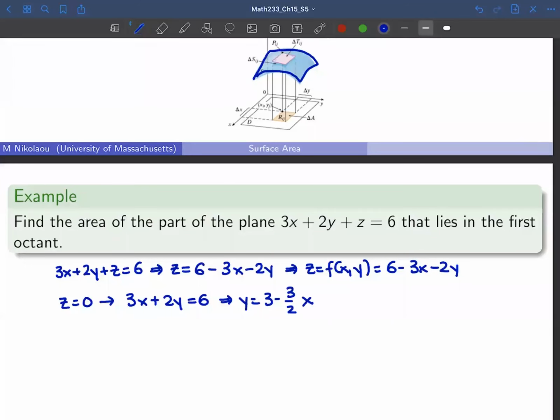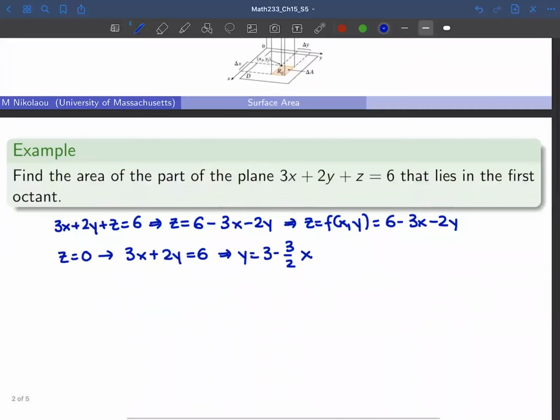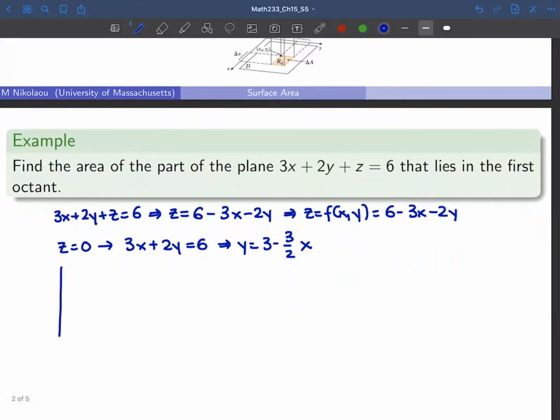So if we sketch the region D, it would be a triangular region. This is y equals 3 minus 3 halves x. And here we have the point 2, 0, and here the point 0, 3.